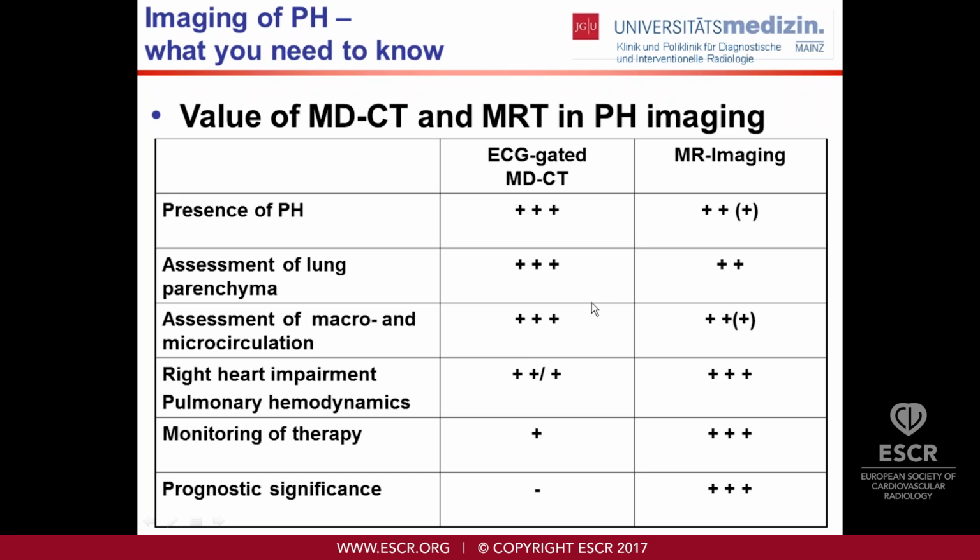The combination of morphologic and functional imaging reveals important findings with regard to detection, assessment of disease severity and prognosis. And I think in this respect they outperform tremendously, for example, echocardiography, which is still regarded as the first step in the diagnostic workup of patients with pulmonary hypertension.